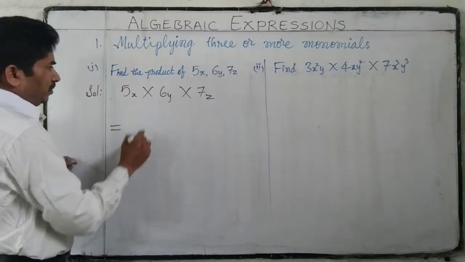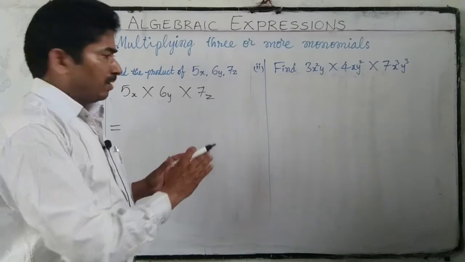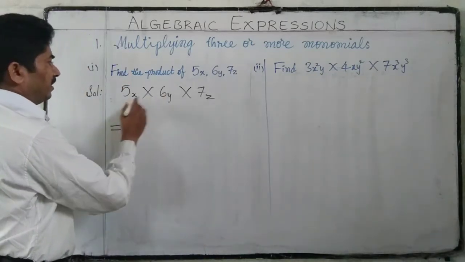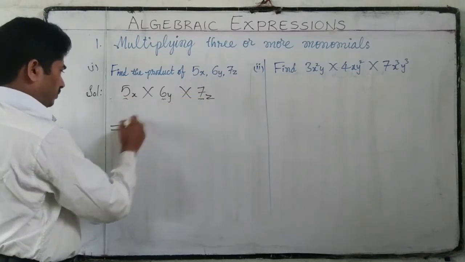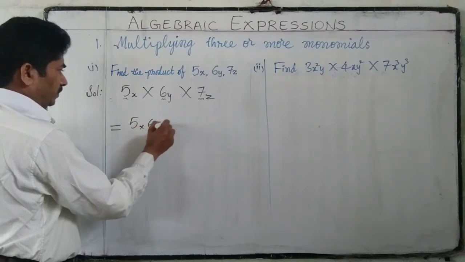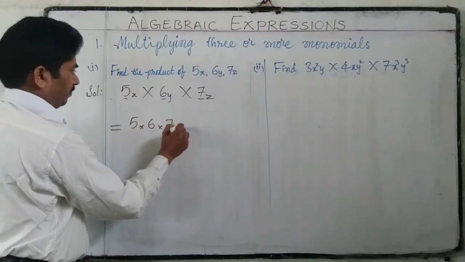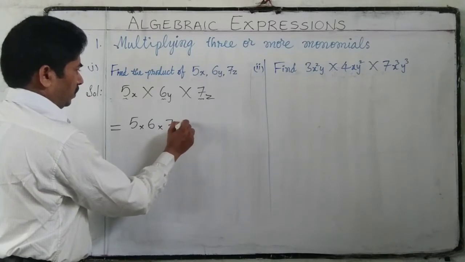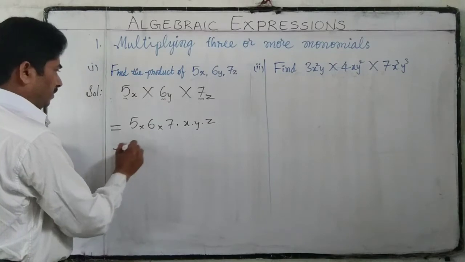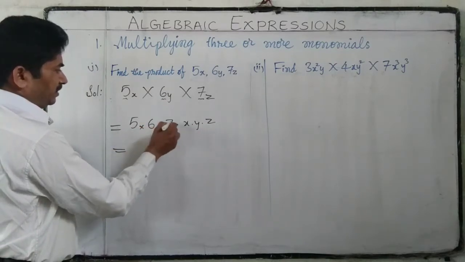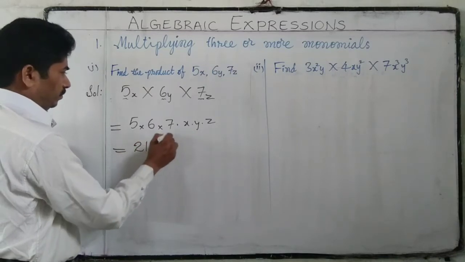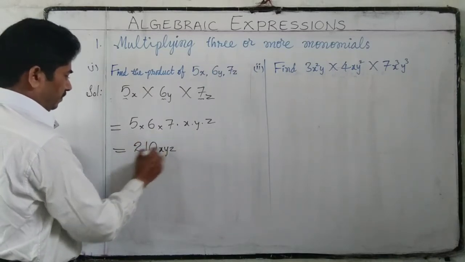First we have to separate the constants and variables, grouping the constants and variables: 5, 6, 7 into x into y into z. 5 sixes are 30. 30 sevens are 210. So 210xyz.